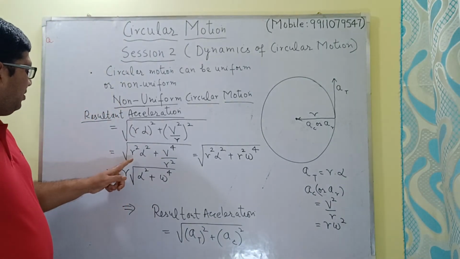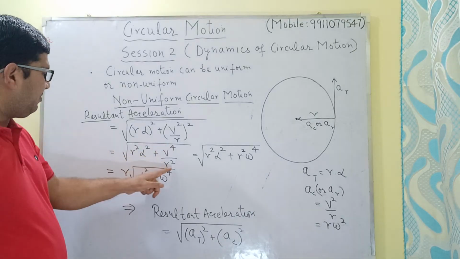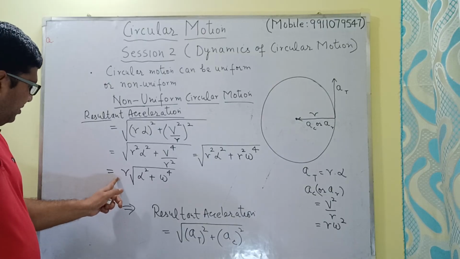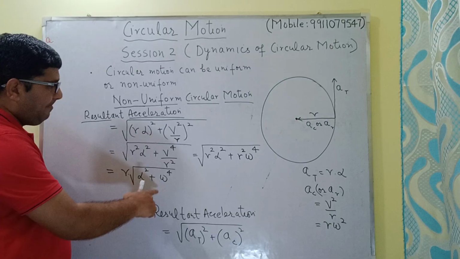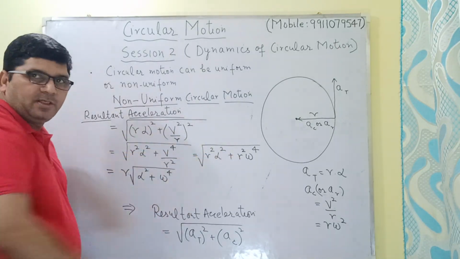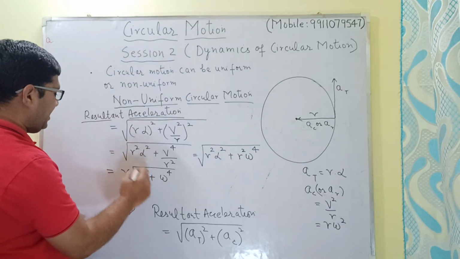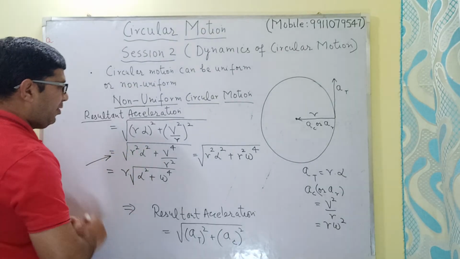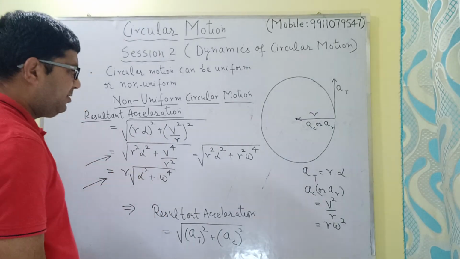That is, this is equal to under root of R square alpha square plus V to the power 4 divided by R square, or it can also be written as R into under root of alpha square plus omega to the power 4. This one is an important relation, and this one is also an important relation.